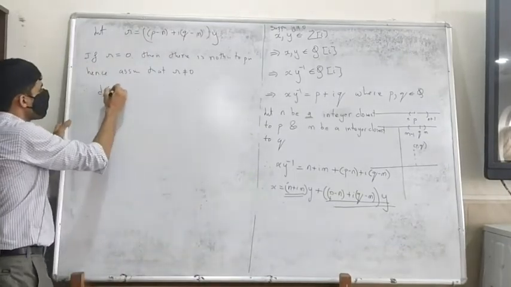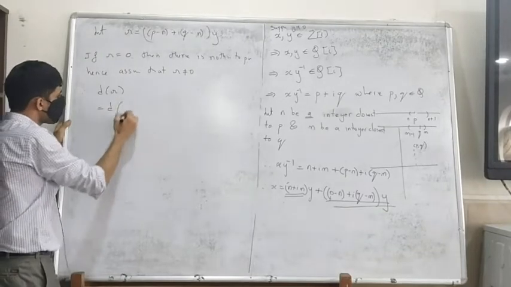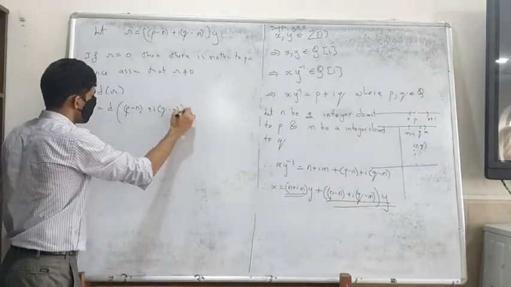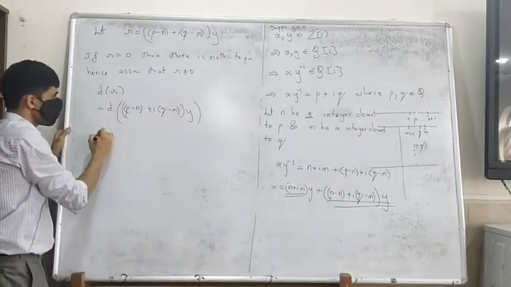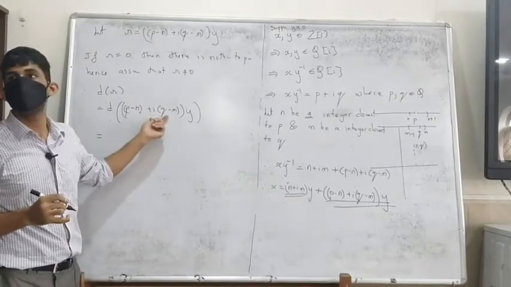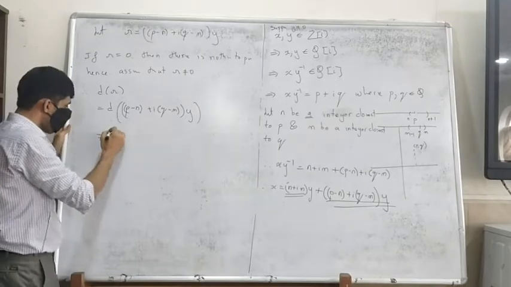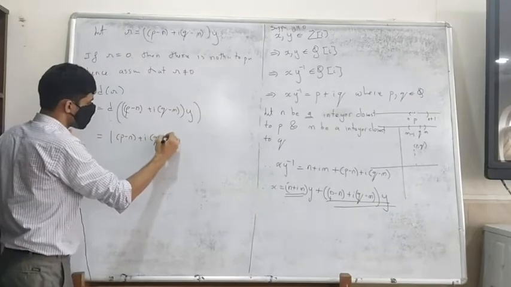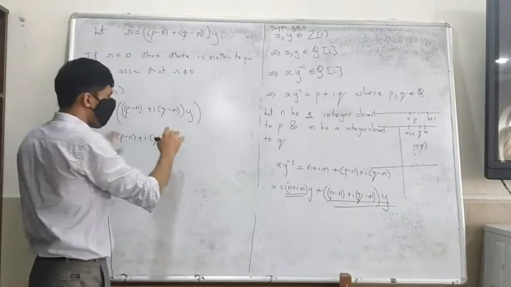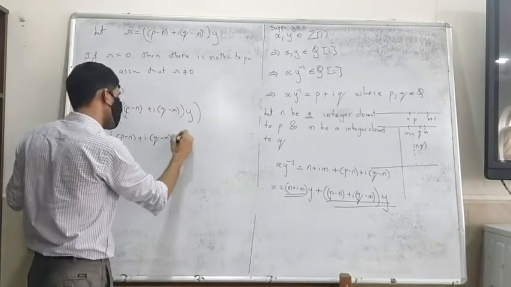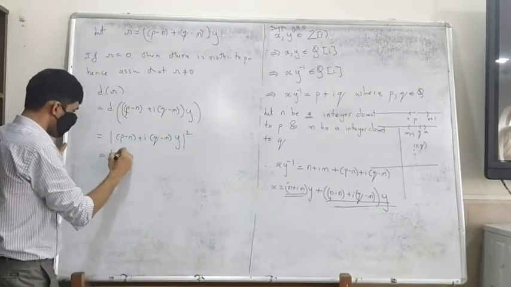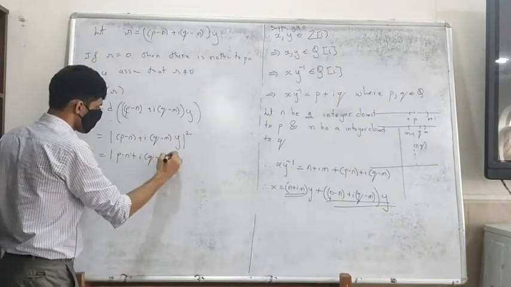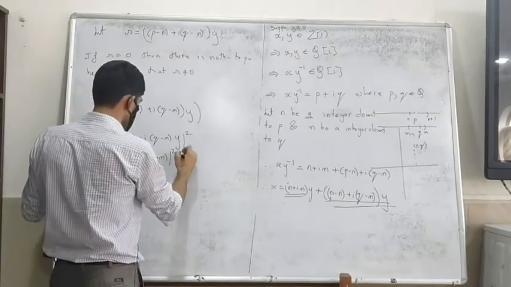What will be d of r? It will be nothing but d of ((p − n) + i(q − m)) into y, which is, by definition, the mod square of the number. So this is mod of ((p − n) + i(q − m)) times y, whole square, which is mod of ((p − n) + i(q − m)) square into mod y square.